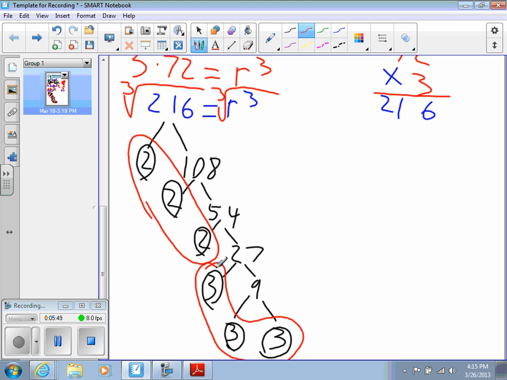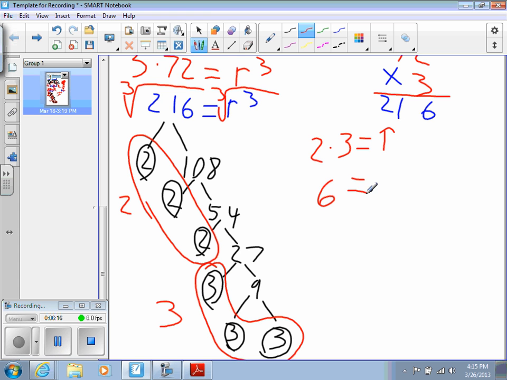The cube root of 8 is 2. And this 3 times 3 times 3 is 27. The cube root of 27 is 3. So what's the cube root of 216? It's 2 times 3, and that equals 6.